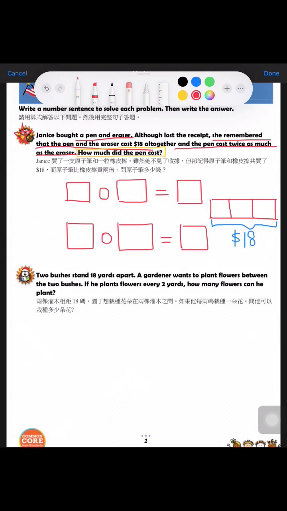So how much does each part represent? Yes, it should be 18 divided by 3, which means 6. So each part represents $6.